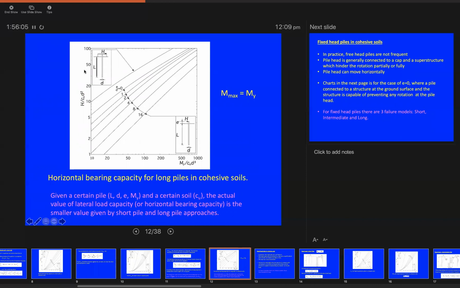You can read what's the value of H ultimate over CuD squared. By knowing this value, you can solve directly for H, but again, you need to be as precise as possible in using the chart, in approximating the value of intersections of the points on the system here, to find as accurate a value as the value you will get from the derived equations from the static equilibrium principles, okay?